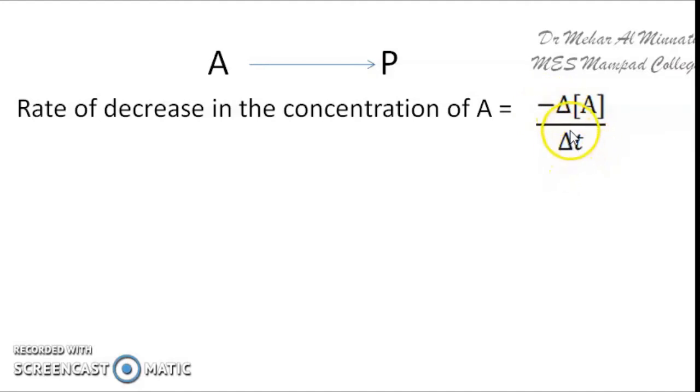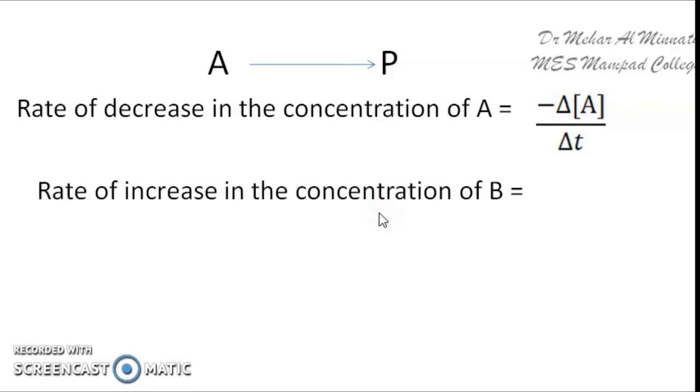And delta t is the time difference in which you are measuring the change in concentration. Similarly, the rate of increase in the concentration of P can be expressed as delta P by delta t. Here we do not have a negative sign because the change in concentration of P is a positive value, it will be increasing.